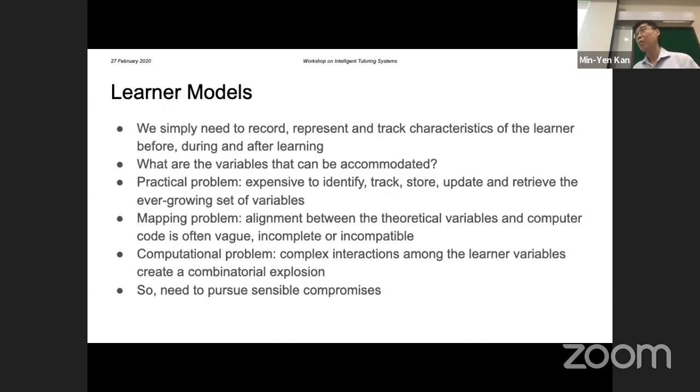But then you also come back to the human teacher or instructor. A human teacher may not have all these variables in their mind when providing effective teaching. You remember the best teacher, right? I don't think that teacher has so many variables in her mind to try to adapt the instruction. So there's a difference between how human tutors work and how we might exploit a computer to build a very powerful tutor. So we can learn from each other.